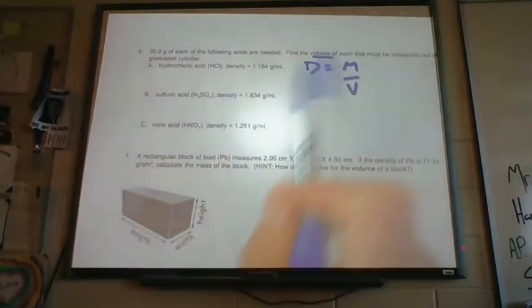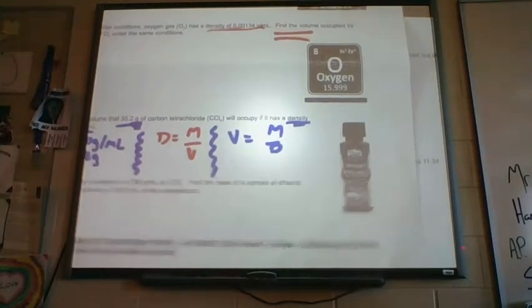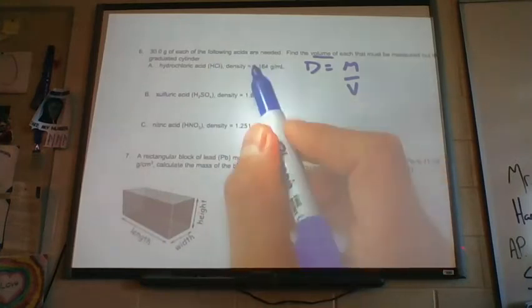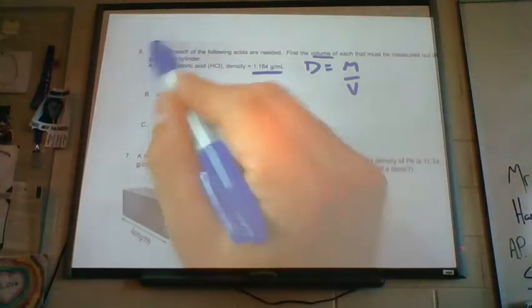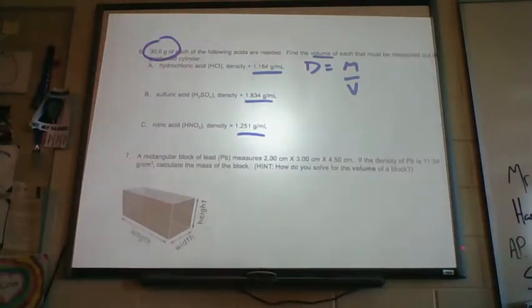All right, so again, we're going to rearrange this equation to look like question 3, question 4. This is what our density equation needs to look like. Here it talks about measuring some different acids, but we're measuring out a certain mass of acids. So it's just saying what volume will those acids take up. All right, so it's pretty straightforward once we take a step back and look at that.